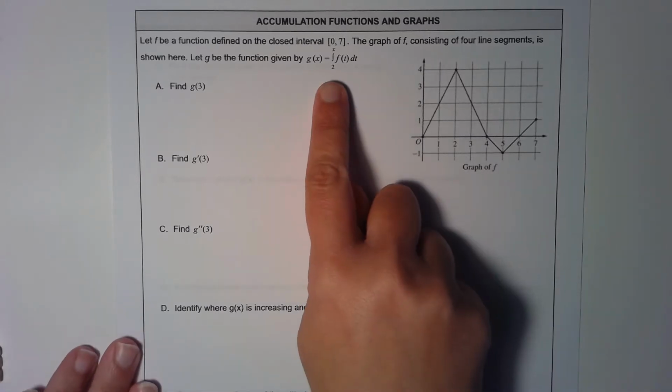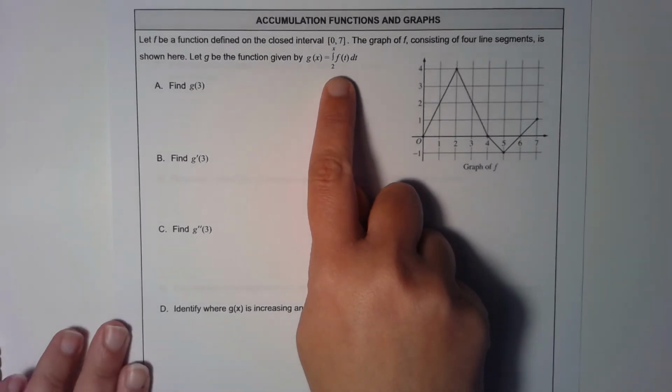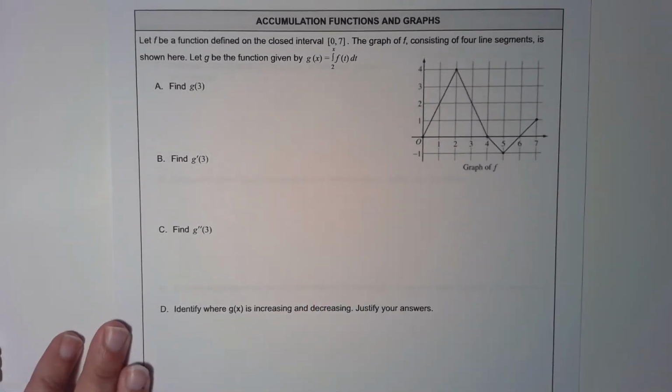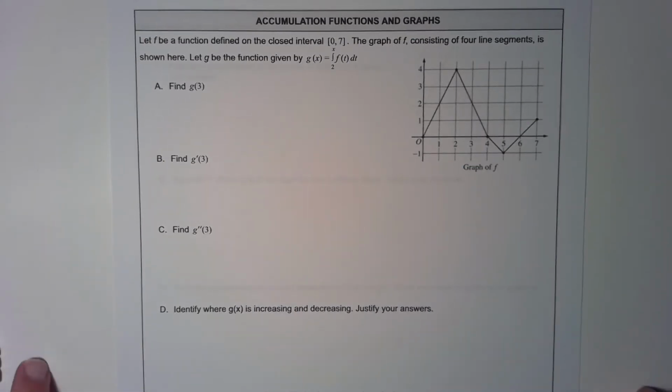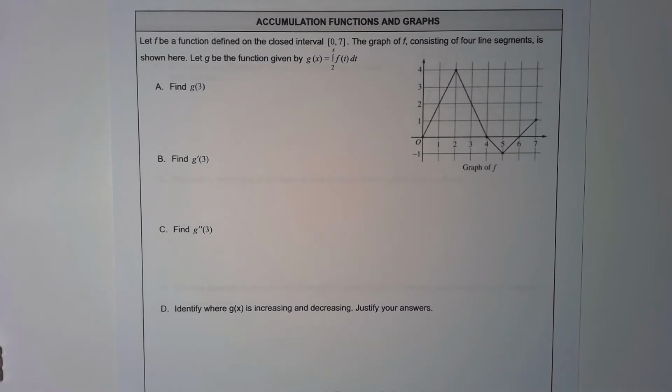As soon as I see that I have an accumulation function, my advice to you would be, before you do anything else, immediately take the derivative and take the second derivative to make sure that you have those written down, because you are going to need them for sure throughout the entire problem.